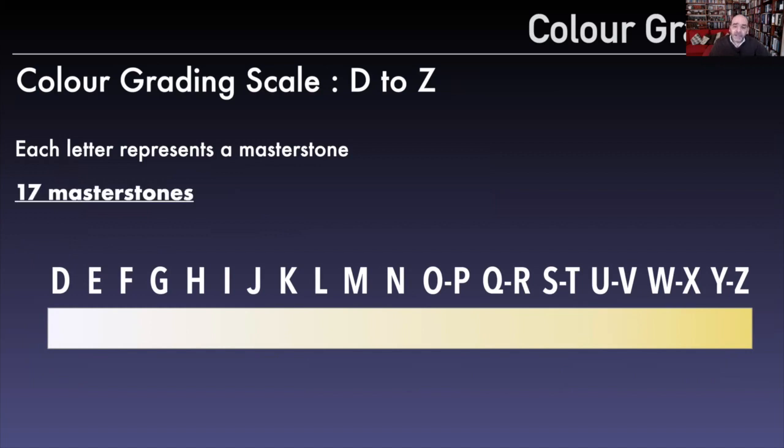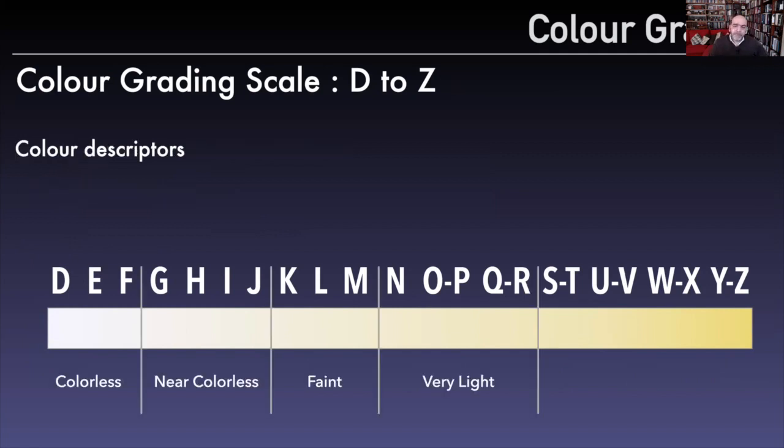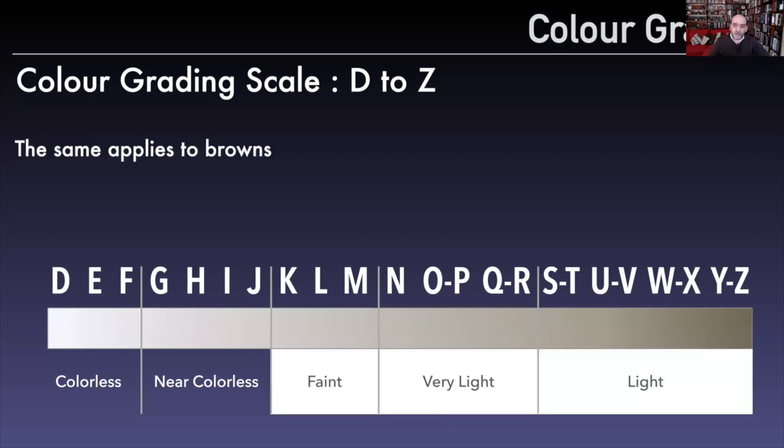And GIA uses 17 master stones, 17 patterns that you can see in here, and also color descriptors that, depending on where you are, you call them colorless, near colorless, faint, very light, or light. Note that after the color O, each master represents two colors, which is interesting. So 17 masters, 17 grades for GIA.